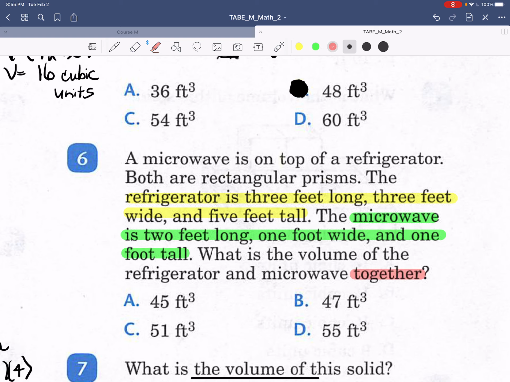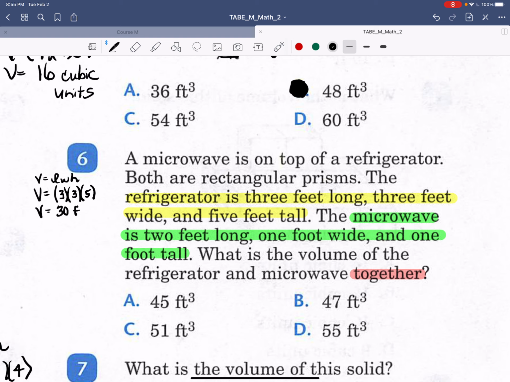But here's the fridge. It is 3 by 3 by 5. So that, let me put the formula in. I'm really getting bad about that, not writing it down. So that's going to be 30 cubic feet.